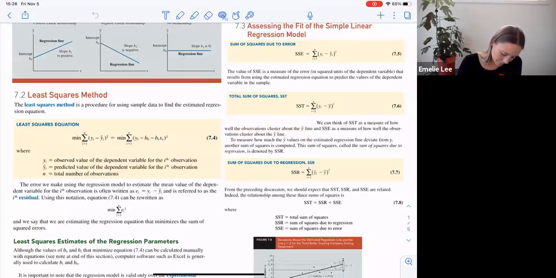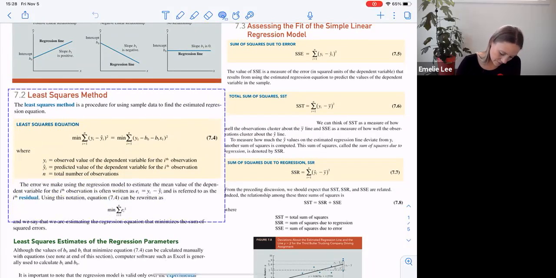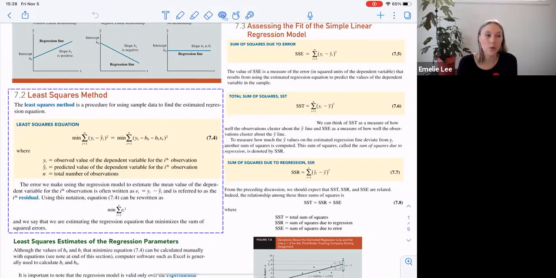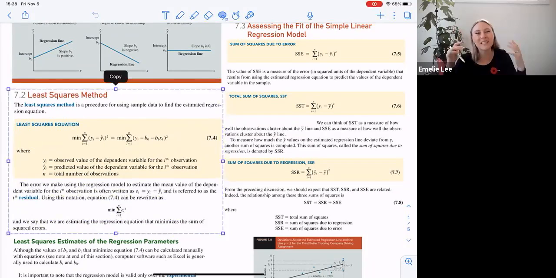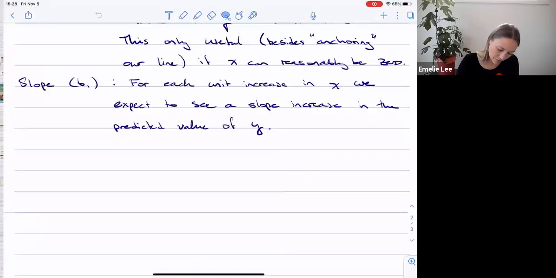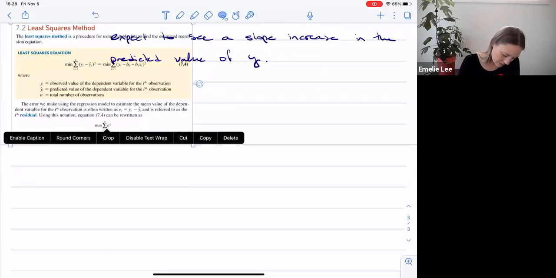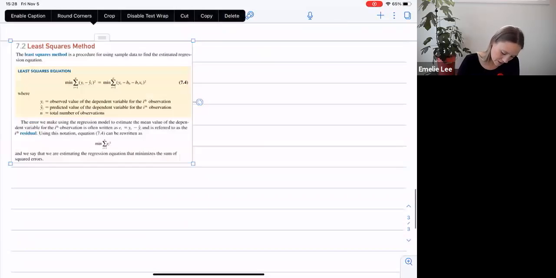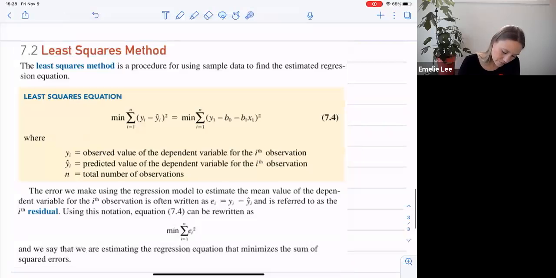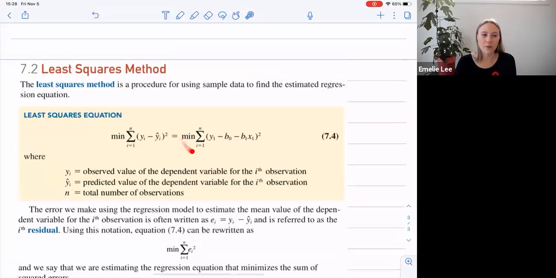So in terms of how we are going to find this model, and by we, I mean R, how is R going to find the model that we're looking for? This is all kind of mumbo jumbo unless you like reading summations, maybe you do, maybe you don't. But the method that we're using is called the least squares method, right?